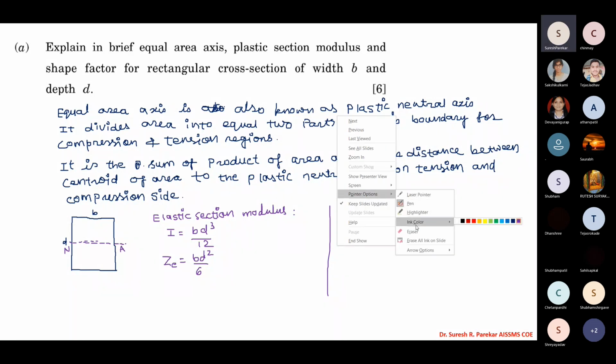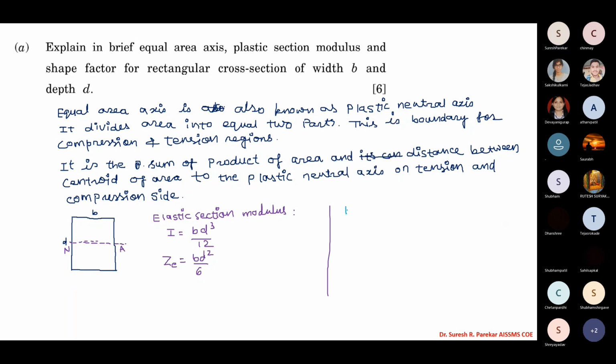Then we will go with plastic neutral axis. B, D. Equal area axis means it should divide area into equal parts.